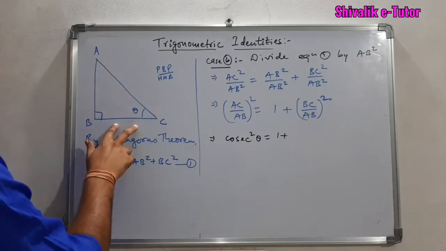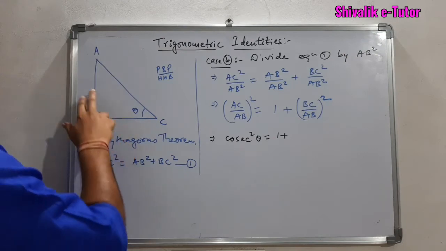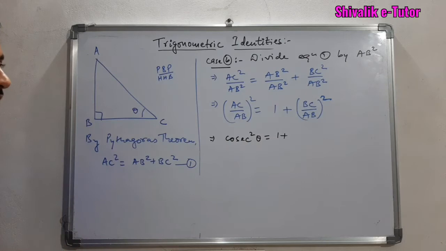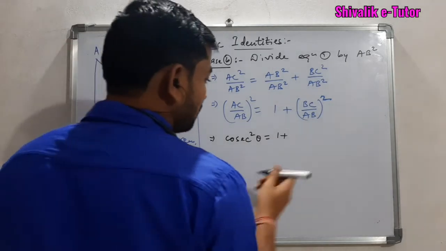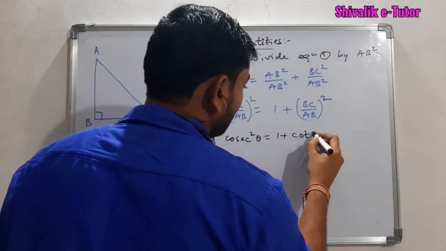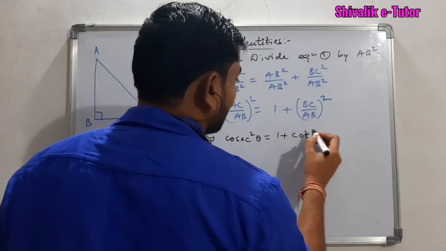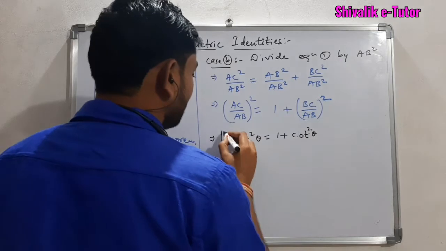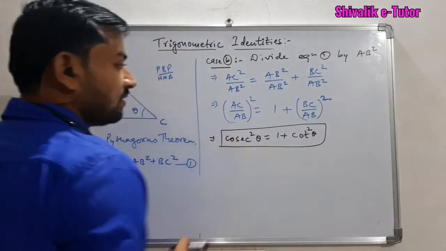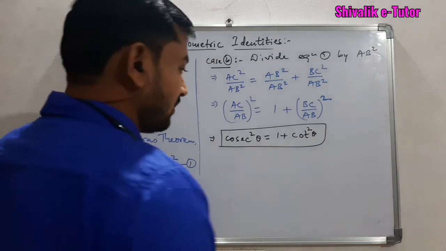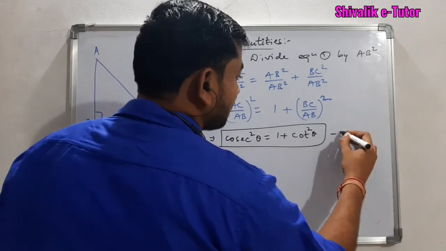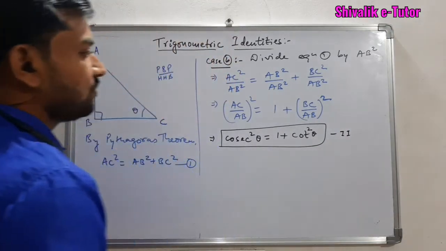BC here is base and AB is perpendicular, so base upon perpendicular is nothing but cot. So this is cot theta whole square, that is cot square theta. This is the relation we have here: 1 plus cot square theta is equal to cosec square theta. This is our second identity.